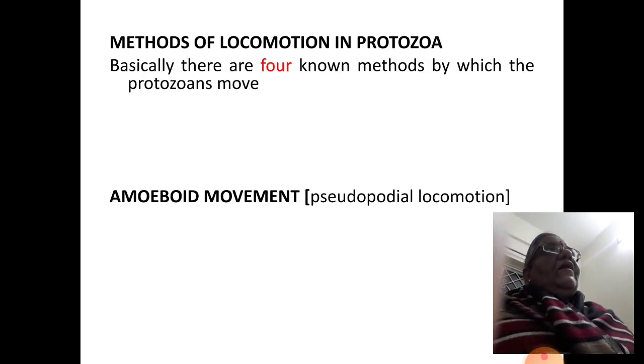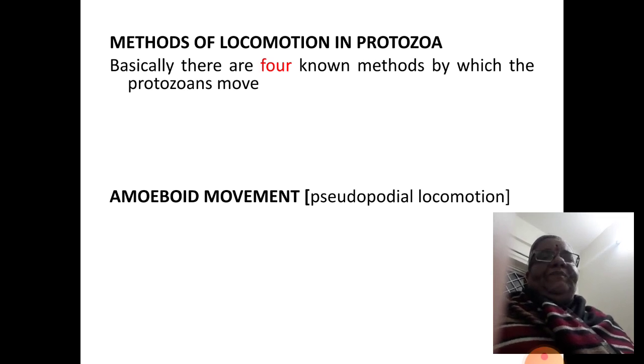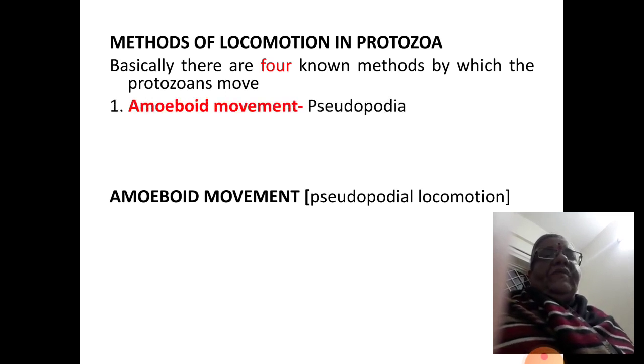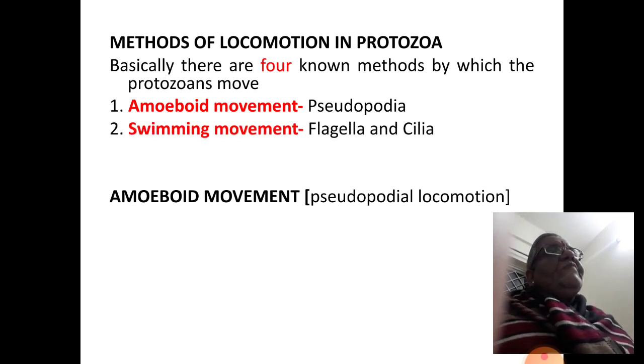Preliminarily you should know that basically there are four known methods by which protozoans move. They are, to list, amoeboid movement, which happens through the pseudopodia, then swimming movement, which happens through either flagella, as you see in Chlamydomonas, Euglena, etc., or through cilia, as you see in Paramecium.